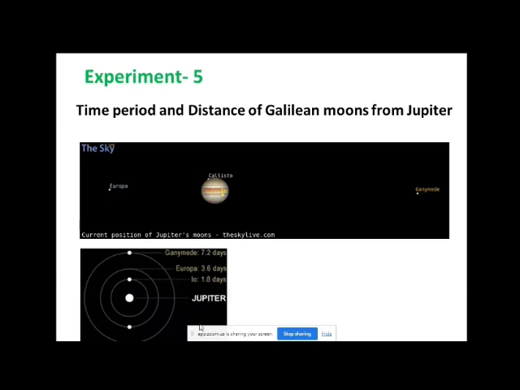For Io, this is 1.8 days. So we can measure the period and the distance, but we have to measure day by day. Day by day means we have to perform this experiment at night also. We can get the result.